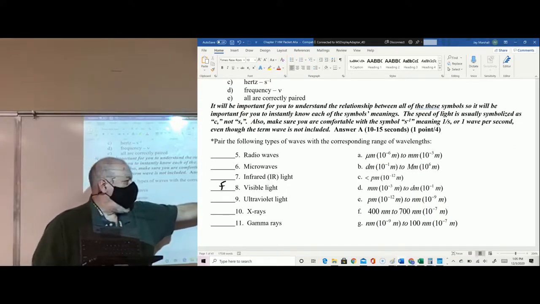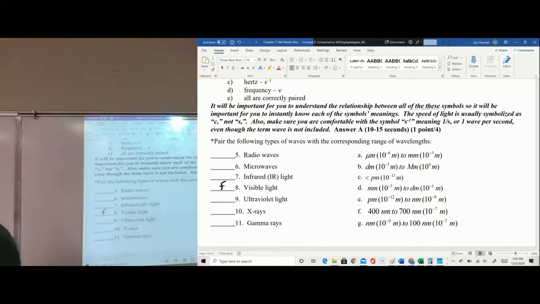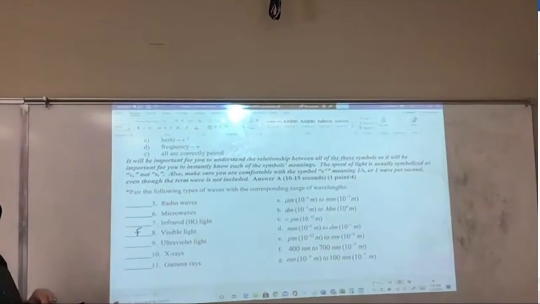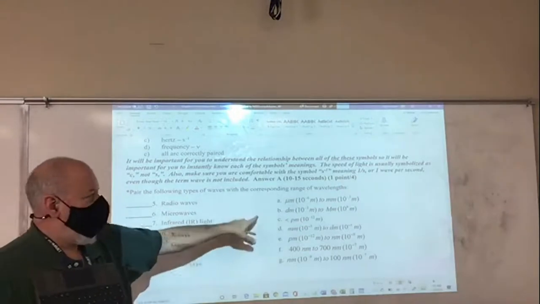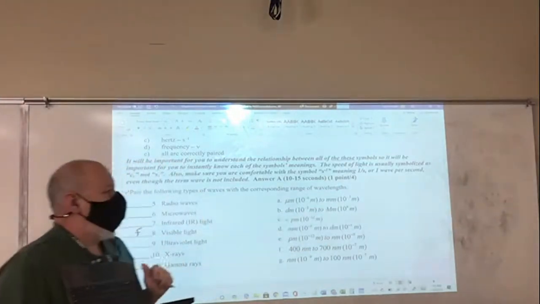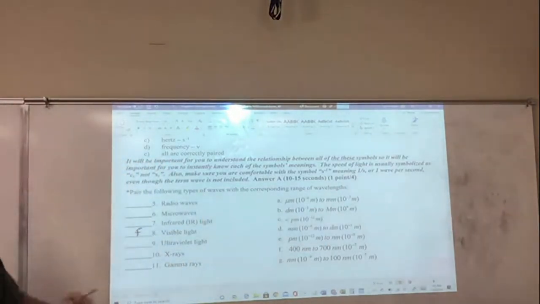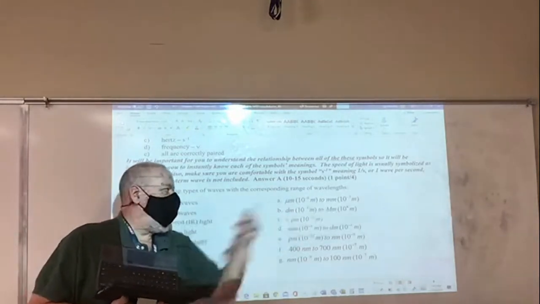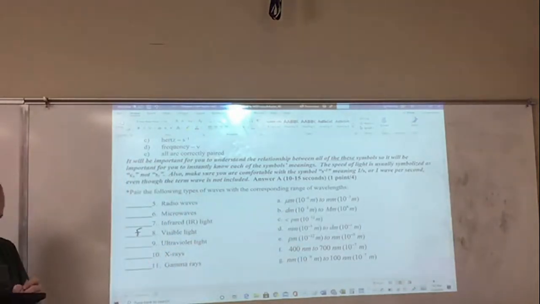What does big capital M mean? That's mega. Like megabytes, this is megameters, and that means million. So this is a decimeter and so B is going to be radio waves.